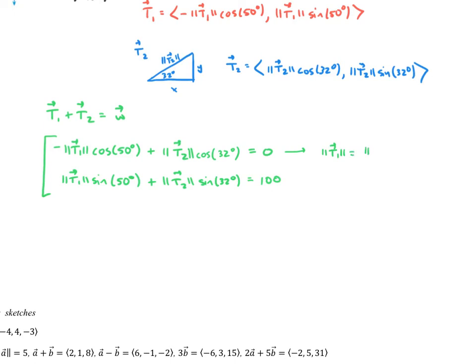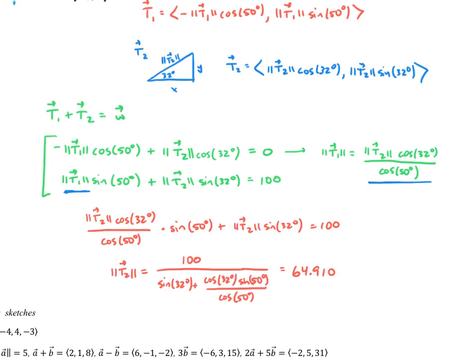So that's going to give us the magnitude of T2 times cosine of 32 degrees divided by cosine of 50 degrees. And then we use substitution here. We're going to take that and substitute it into our second equation in order to solve for one of our magnitudes, and then we'll be able to go backwards and solve for the rest. So I'm going to pause this and write out this phrase, and then I'll come back in a second.